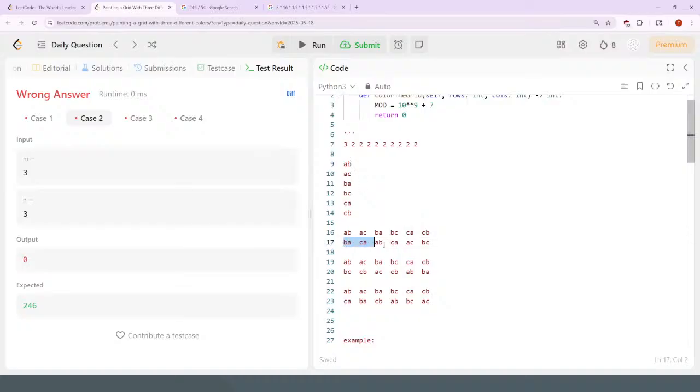If I have the second row, the distribution of the second row, is it the same distribution as the first row? So how many ABs do I have? 1 AB, 2 AB, 3 ABs. AC, I have 1 AC, 2 AC, 3 AC. So the distribution of the third row is the same as the distribution in the first row.